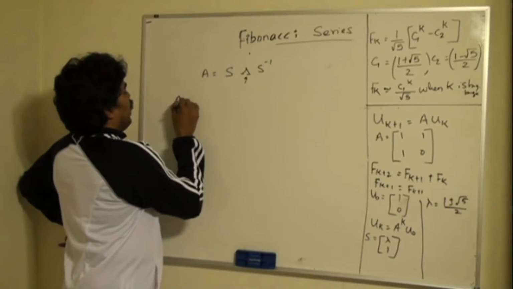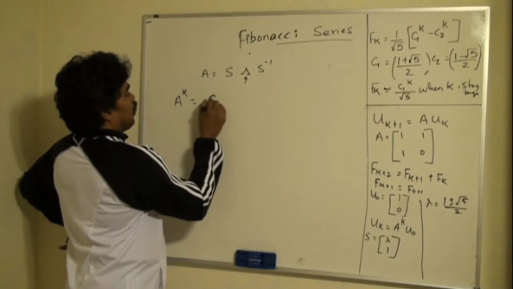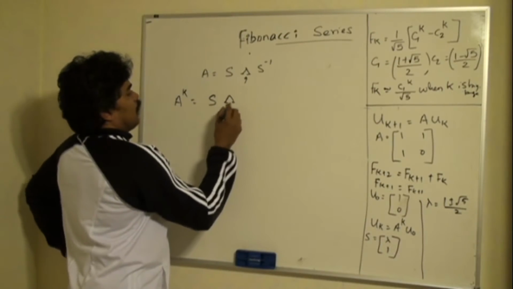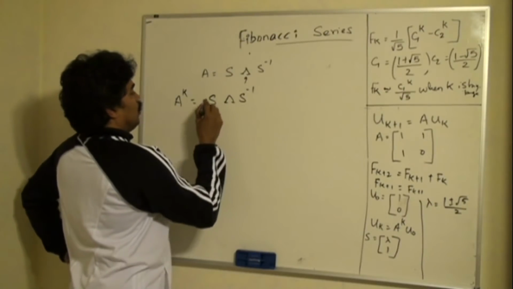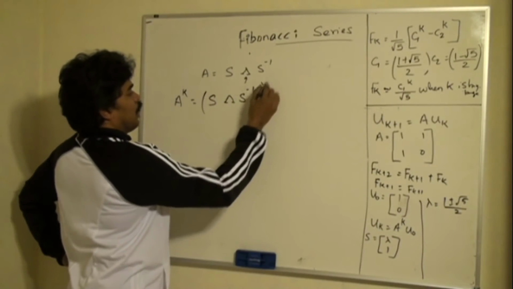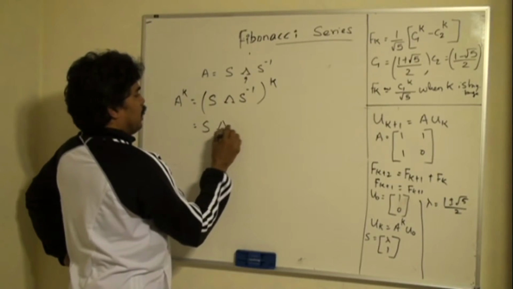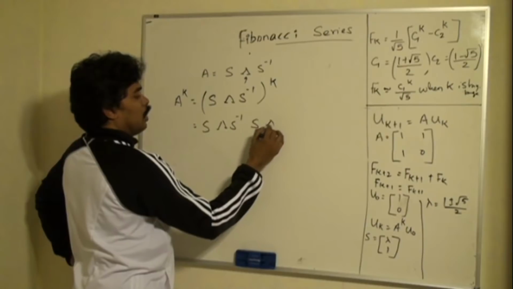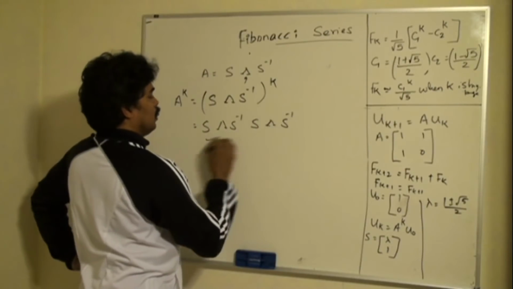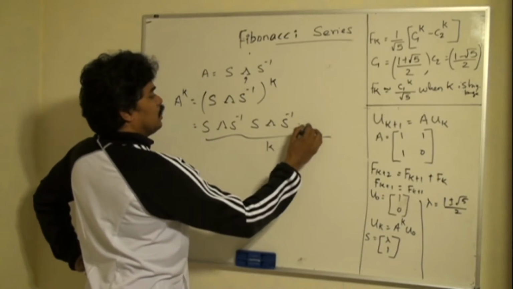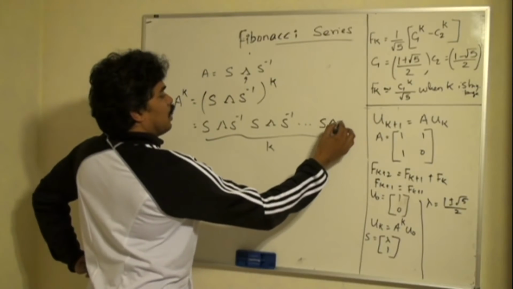When we talk about A to the power k, we are talking about S lambda S inverse to the power k. When we say to the power, we all know what we mean by that: we have to multiply it k times.